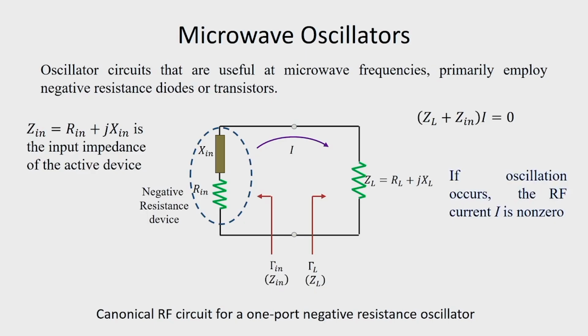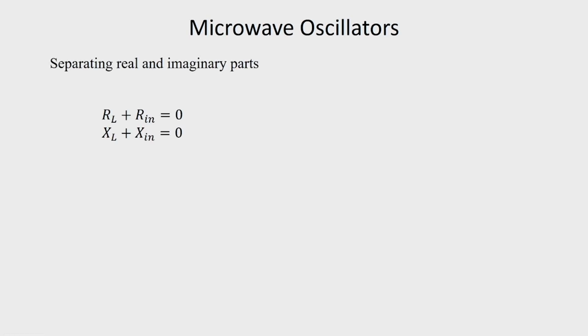So, if we have oscillation occurring in this circuit, then we will have RF current I non-zero, and therefore, we have Zin plus RL equal to 0, and if we separate the real and imaginary part, then we get RL plus Rin equal to 0 and XL plus Xin equal to 0.